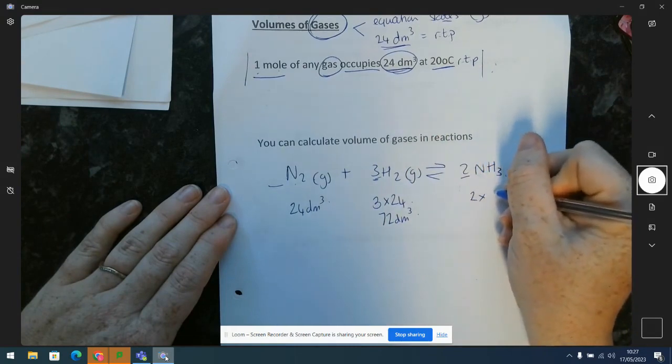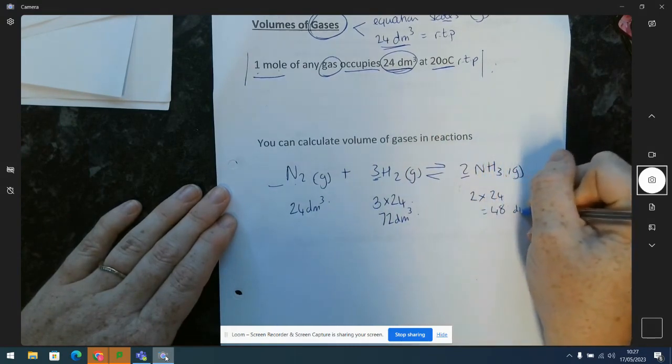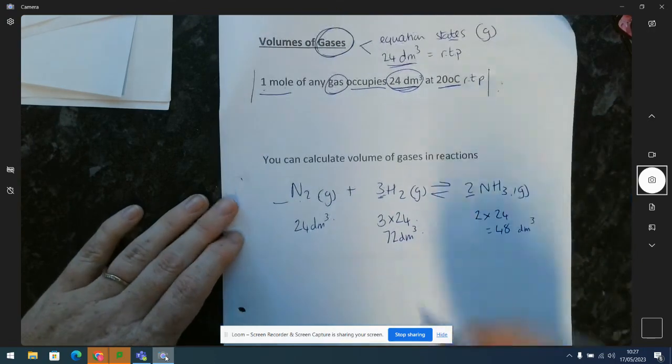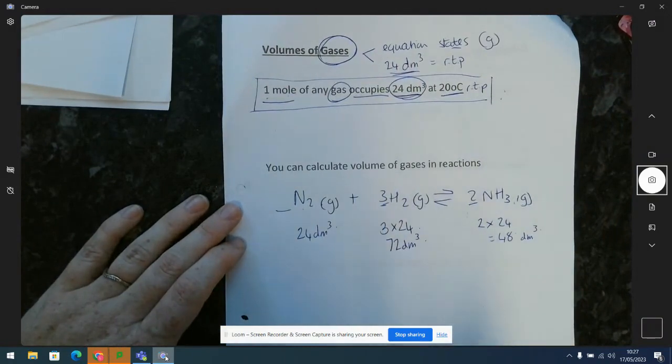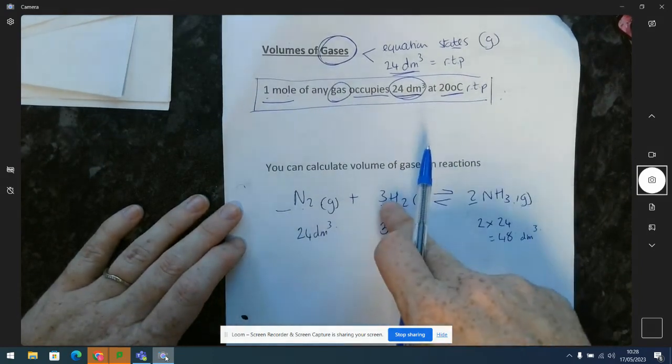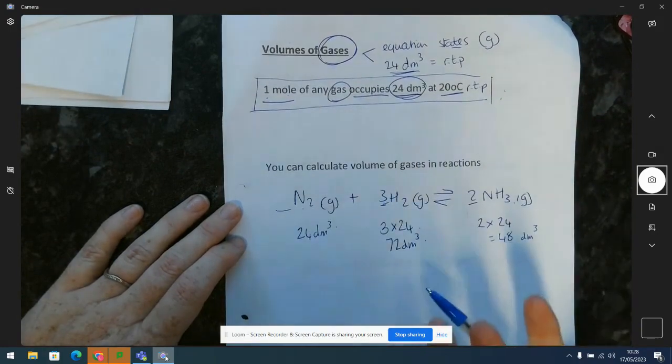So I do 2 times 24, which I know is going to be 48 decimeters cubed. And that's all because of that statement there. 1 mole of any gas will always occupy 24 decimeters cubed.